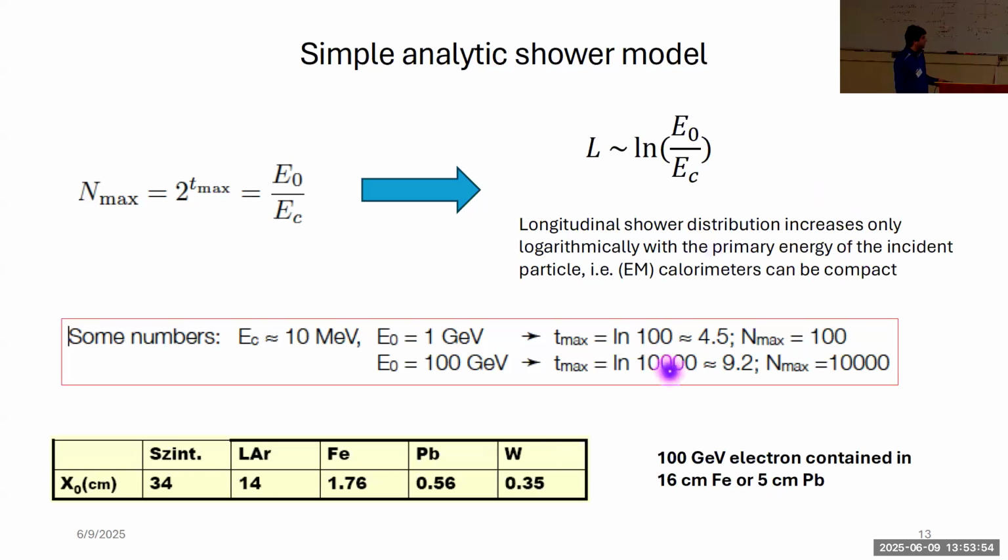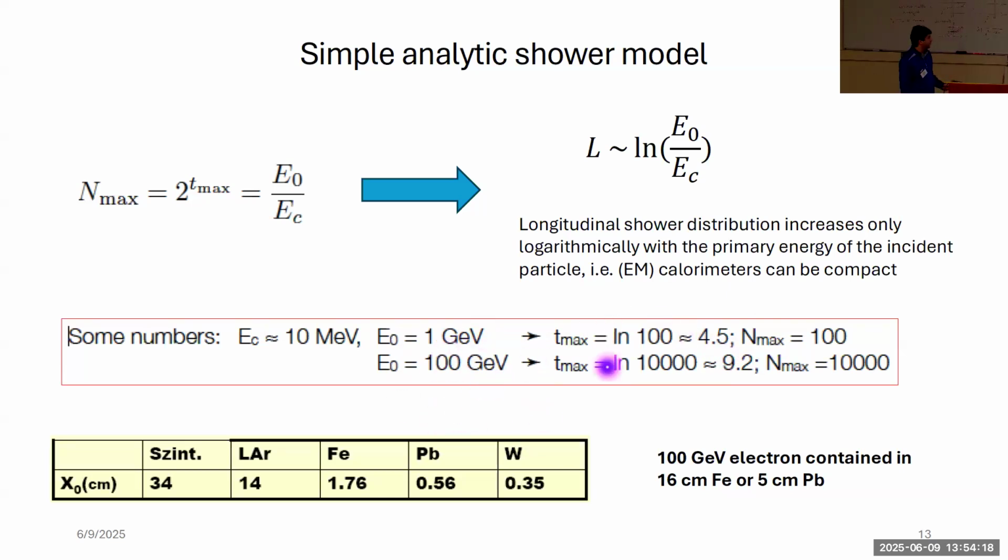So for electromagnetic calorimeters, at least, they can be fairly compact. For example, for steel, you might have a critical energy of something like 10 MeV. If you have a 1 GeV particle, you can contain that in about 4.5 radiation lengths.